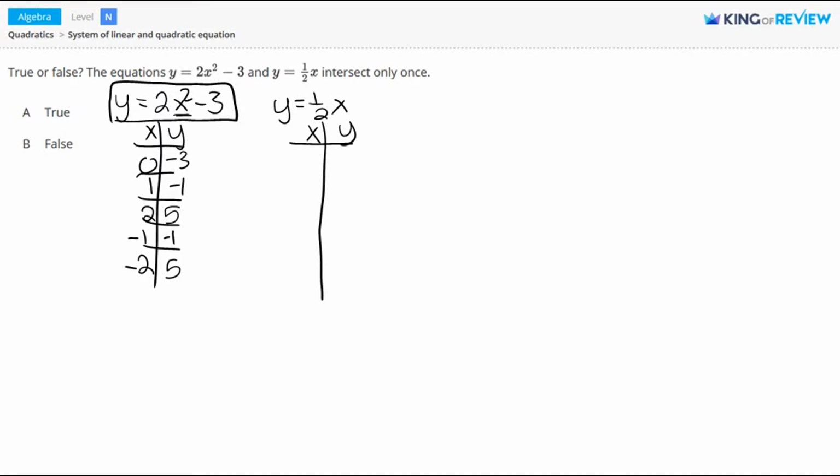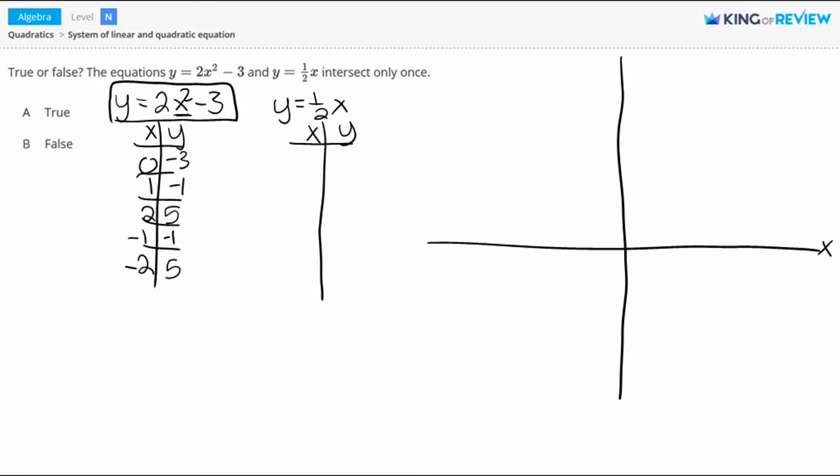So let's plot this. Here's my x-axis and my y-axis.